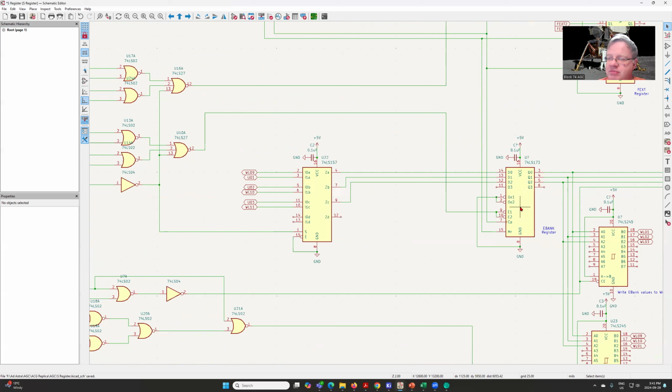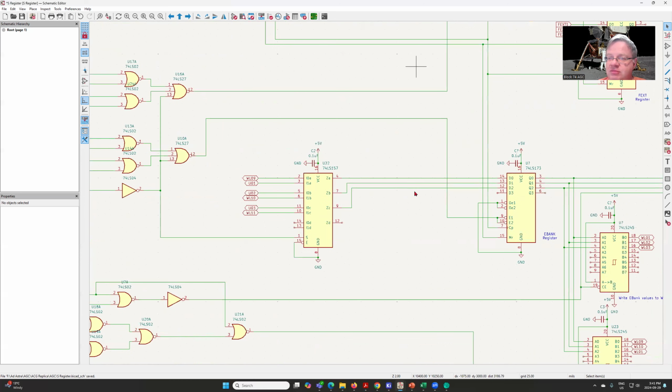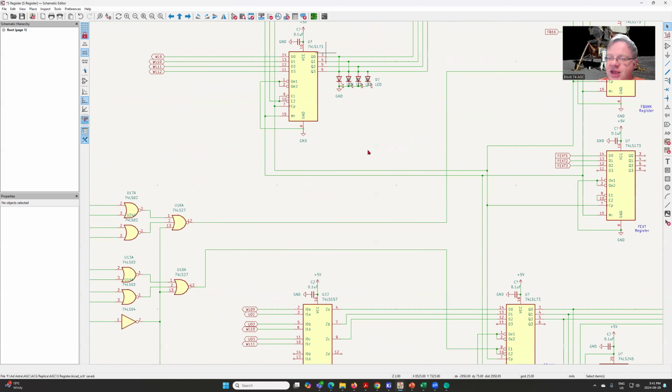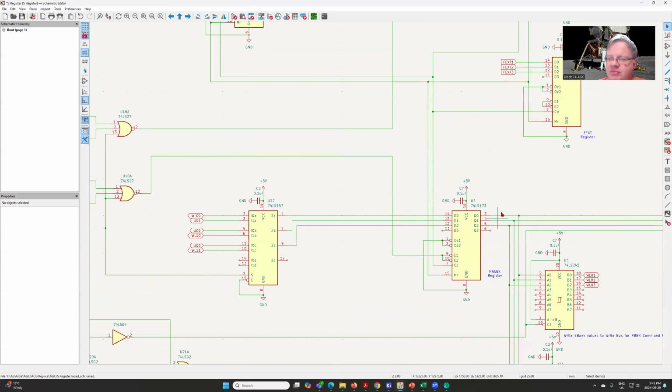And one of the things I'm still playing around with is the boards that I've designed have space for 16 LEDs. So I've got the 12 that I'm going to be using for the S register, and I'm going to want the additional 8, so the 5 of the F bank and 3 of the E bank, that I'll want to be able to see which bank is being selected.